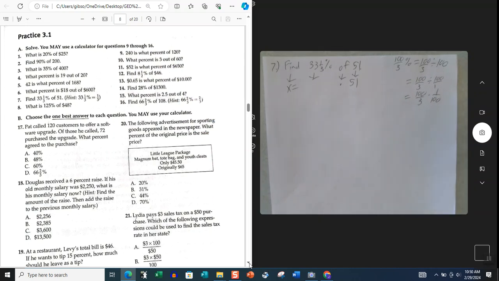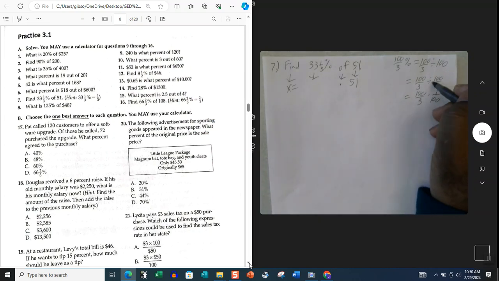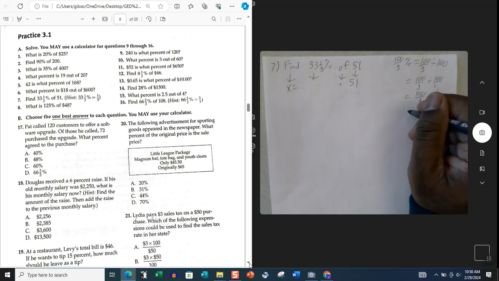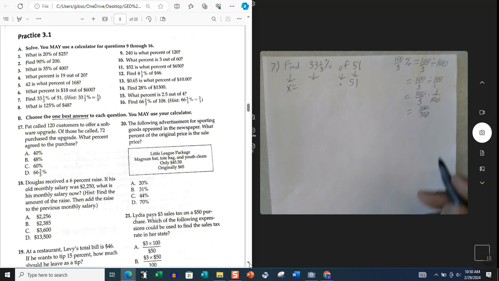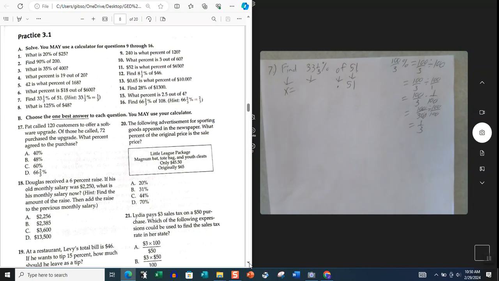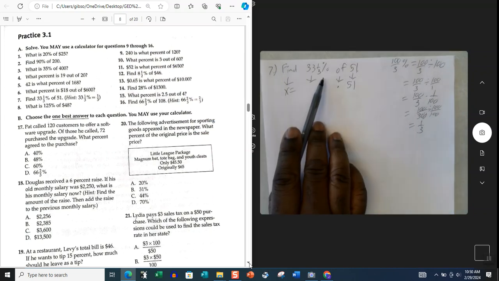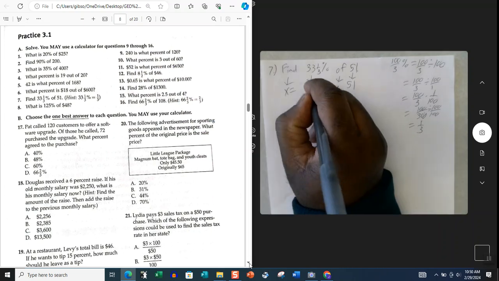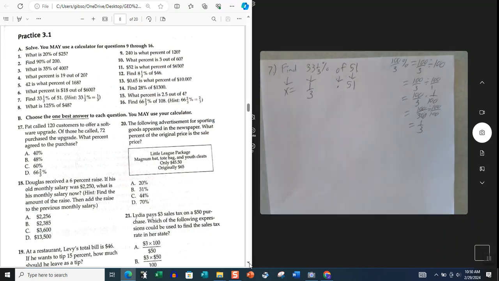Remember, we take the reciprocal of the fraction after the division sign. So this will give us 100 over 300. When we simplify this, both of these can be divided by 100. So this will be 1/3. So basically, 33 and 1/3% is 1/3. Let's just leave it as 1/3, and we'll worry about if we need to make it a decimal later.